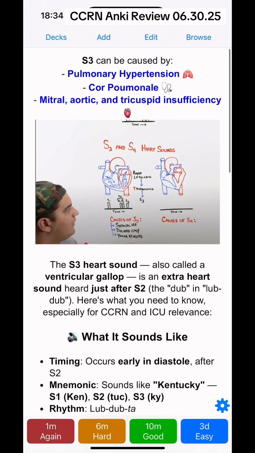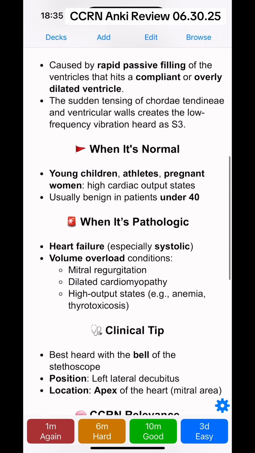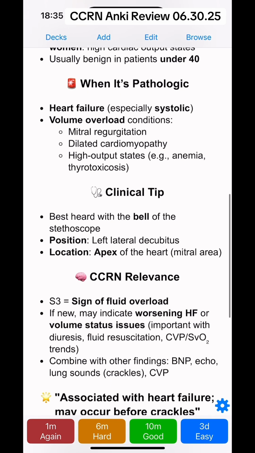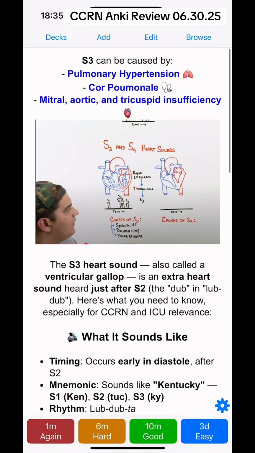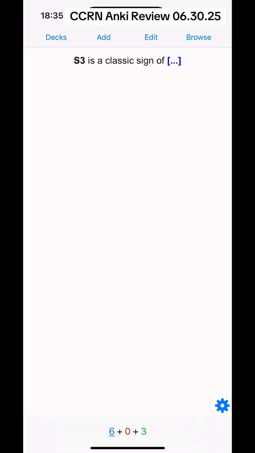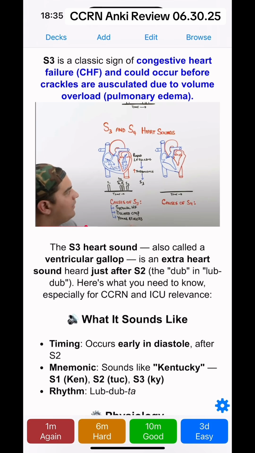Okay, so pulmonary hypertension, this is going to be fluid overload, obviously. Volume regurgitation. Okay. Pulmonary hypertension. Mitral and aortic insufficiency. S3 is a classic sign of congestive heart failure, and could occur before crackles are auscultated due to volume overload.